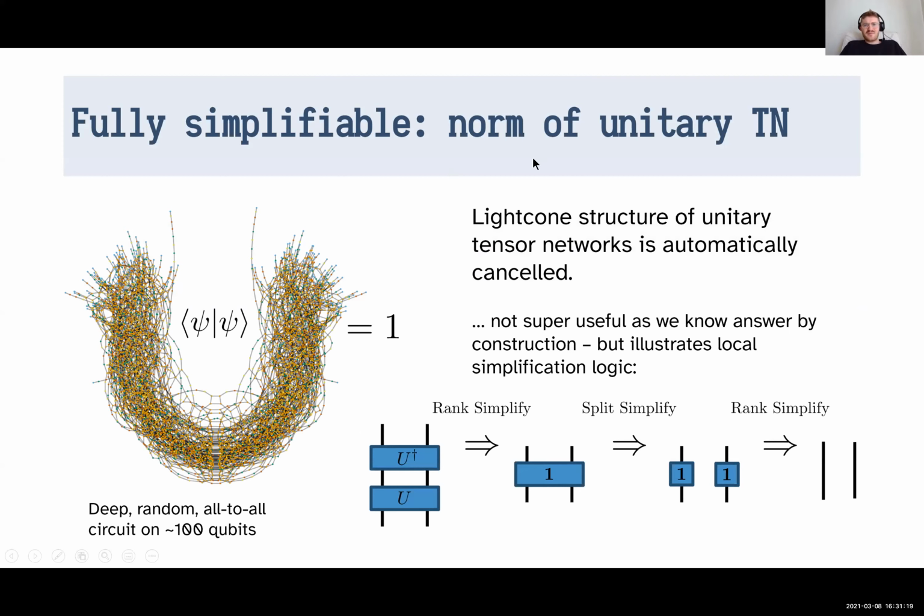By unitary tensor network, I mean essentially a quantum circuit style tensor network where every tensor is a unitary or isometric gate, and you have a very well-defined notion of a light cone. So this is an example of such a tensor network. It's just a very deep, random, all-to-all circuit on 100 qubits. You wouldn't expect to be able to compute anything with this usually.